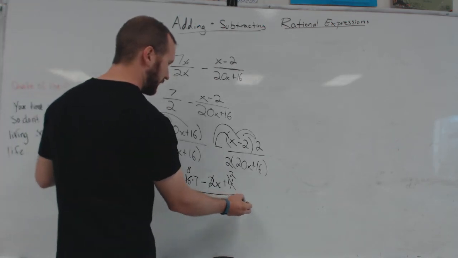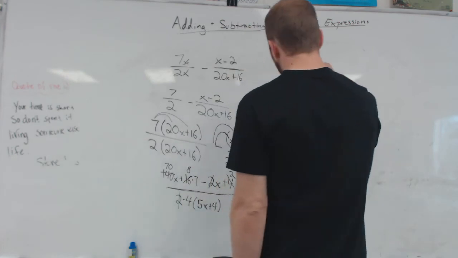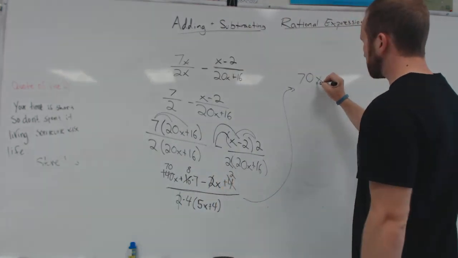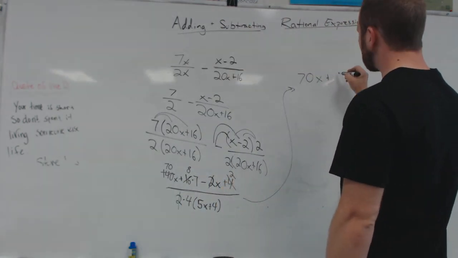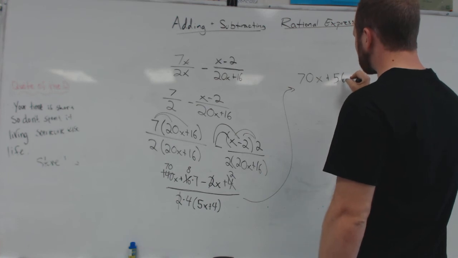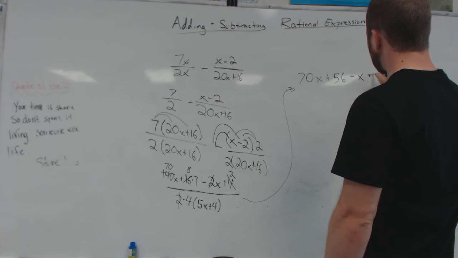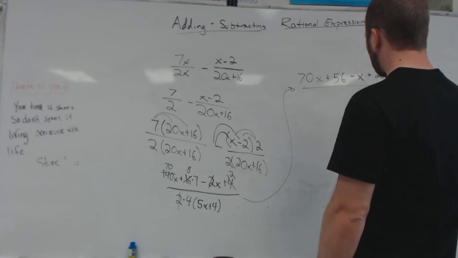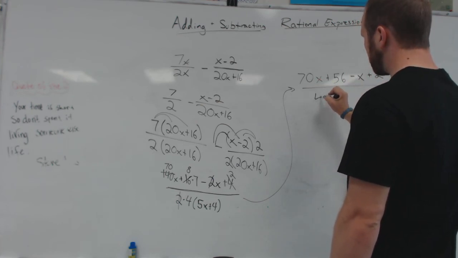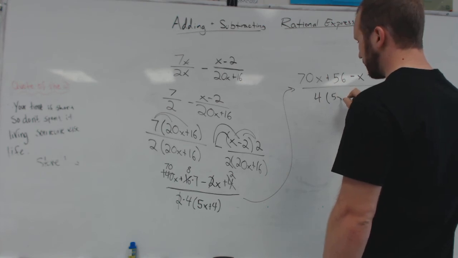So let's rewrite that here. We have 70x plus, I'm going to just write 56 now because I know 8 times 7 pretty well. Minus x and plus 2 over 4 times 5x plus 4.